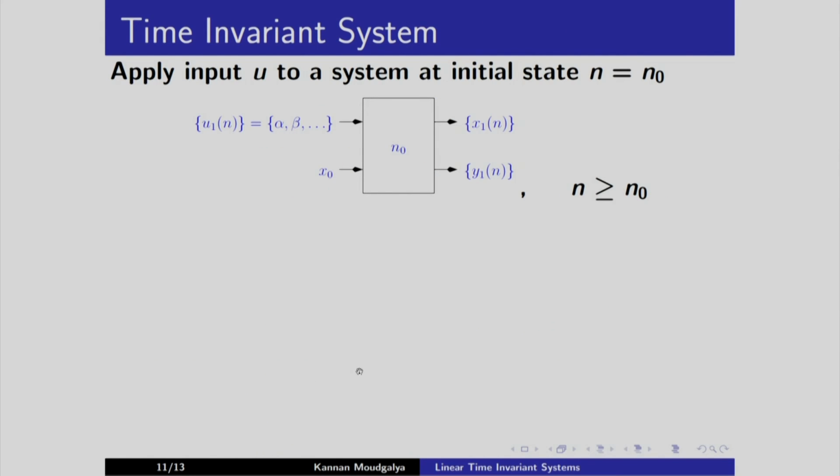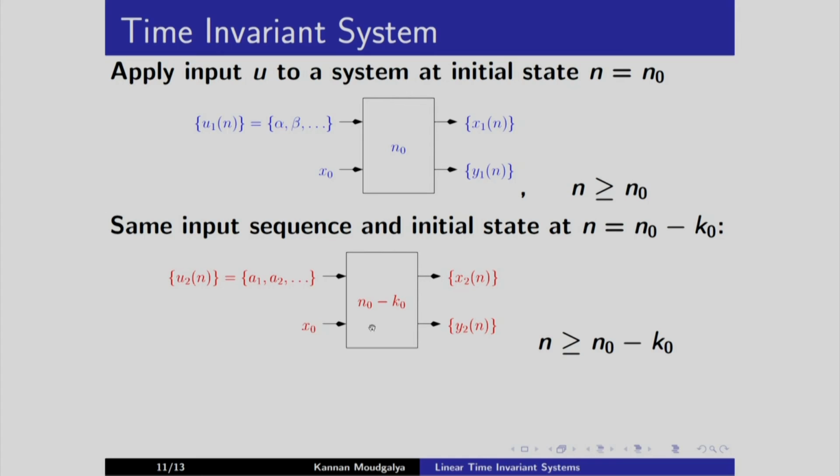Next we will take up the concept of a time invariant system. Consider the same state, it is initially at time instant n0, the state is x0. Now I take the same state x0, but at time instant n0 minus k0. In other words, suppose we do this experiment on Monday, and this is the experiment that is done on Tuesday.